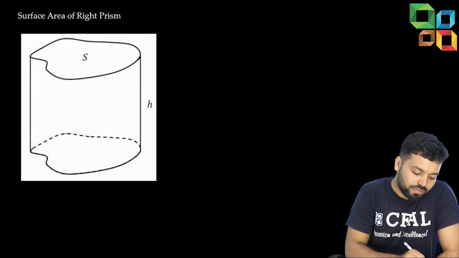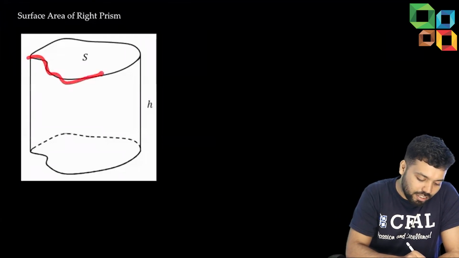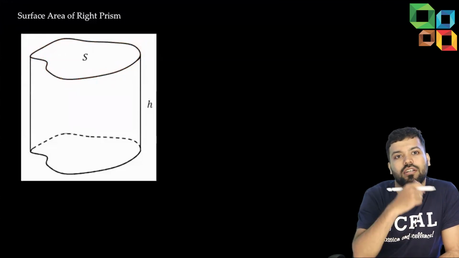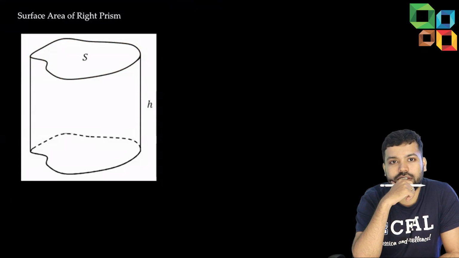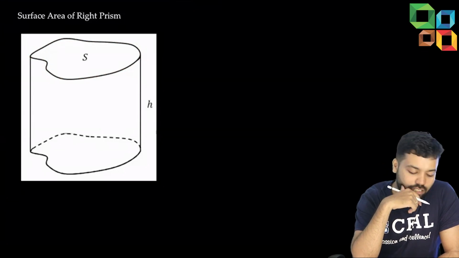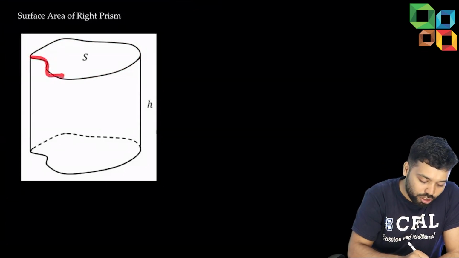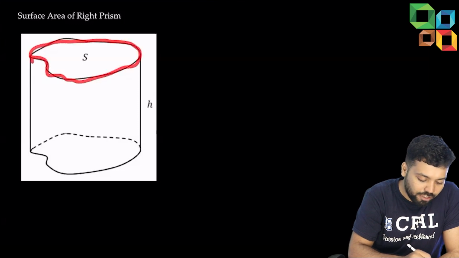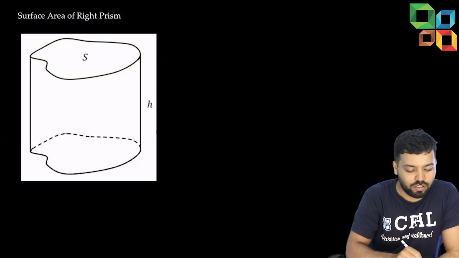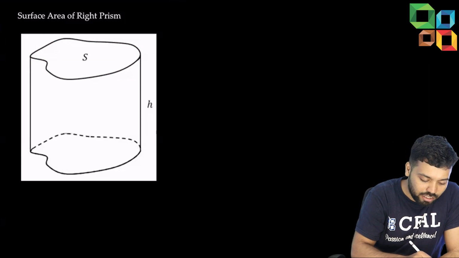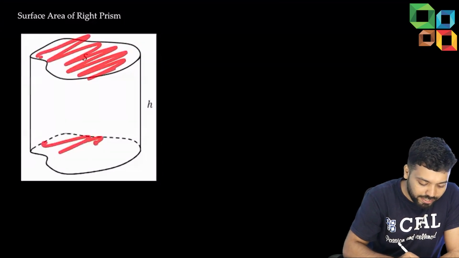Now, S I took it as the perimeter. So what is the surface area? If this is hollow, surface area will be S into H. I'm assuming that this is a hollow thing. I am not considering this area.